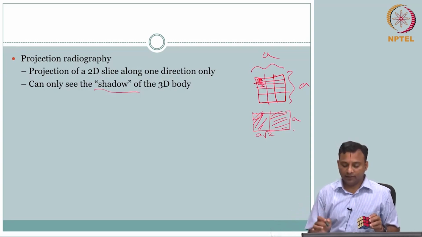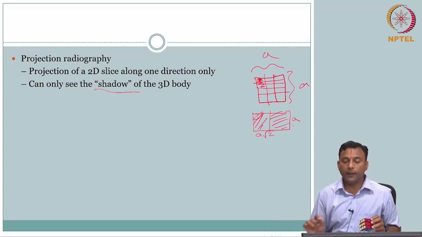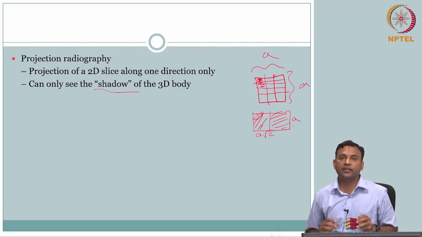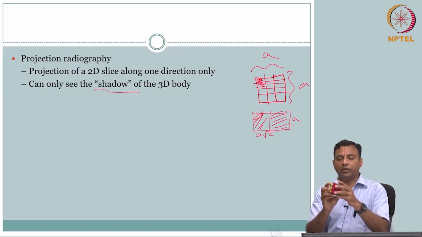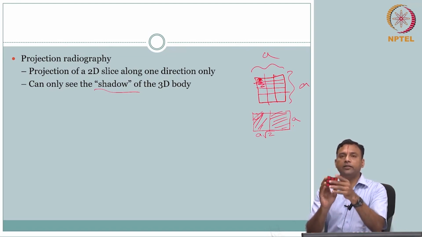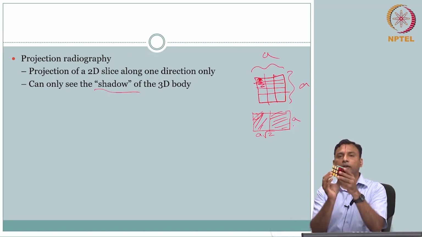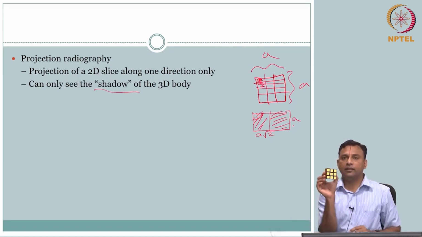But notice it's still projected. So then what can I do? Oh, so I had orange and red. So what if I do like this?